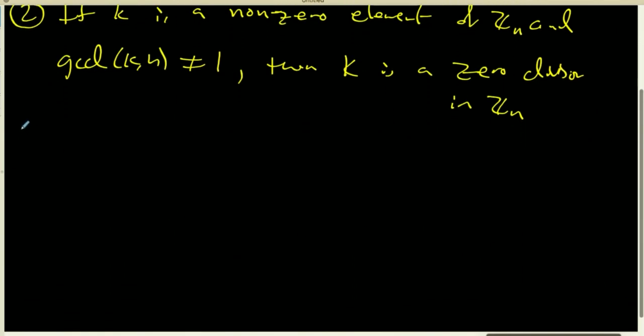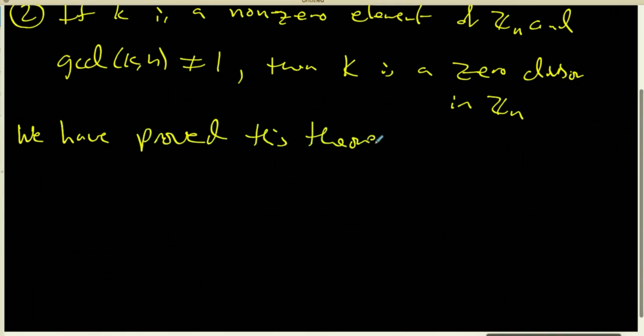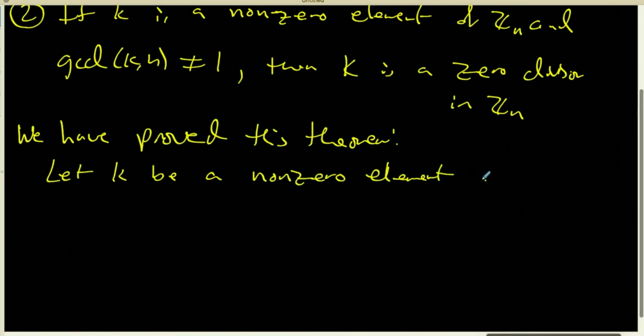Now we can put these two things together as an if and only if statement and say that what we have actually done is prove the following theorem. This theorem says, let k be a non-zero element of Zn.